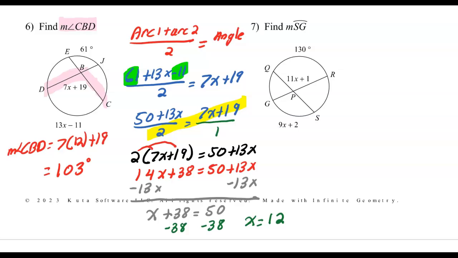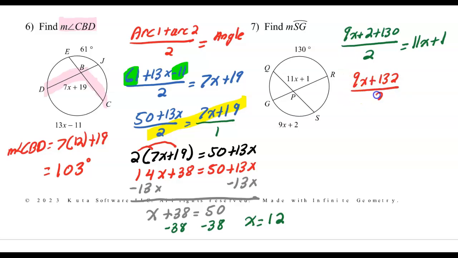Looking at problem number 7, same idea. The two arcs, so 9x plus 2 plus 130, divide by 2 is 11x plus 1. I'll simplify, so 9x plus 132 over 2 is 11x plus 1.